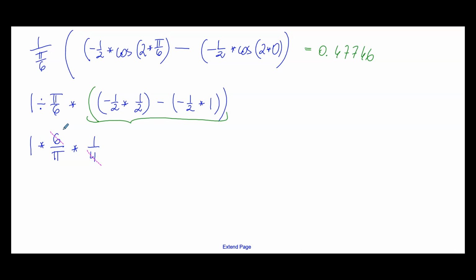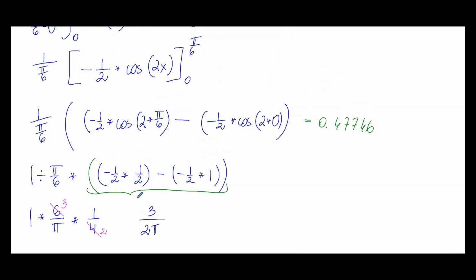Both of them divide by 2, so here I can have 3, here I can have 2. So that means on top of the fraction 3 multiplied by 1, that's 3. On the bottom of the fraction 2 multiplied by pi, so 2 pi. So that is our answer here. Yeah, so like I'm saying, all good apart from that little bit at the end to find the value.